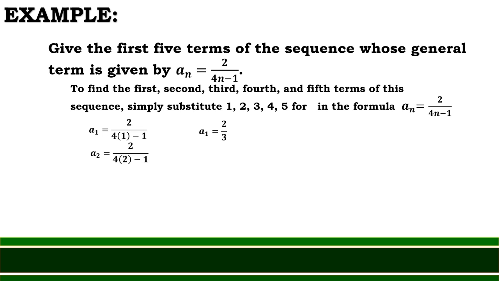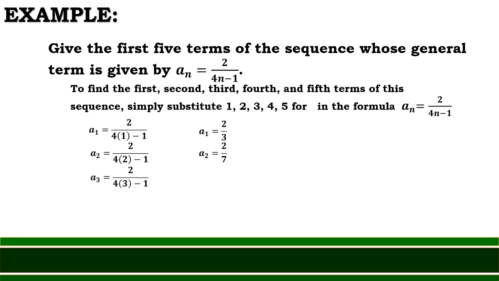Next one. If you are looking for the second term, your n will become 2. So you have 2 over 4 times 2 minus 1. 4 times 2 here will give you 8 minus 1, it will become 7. It means the second term will be 2 over 7. How about the third term?